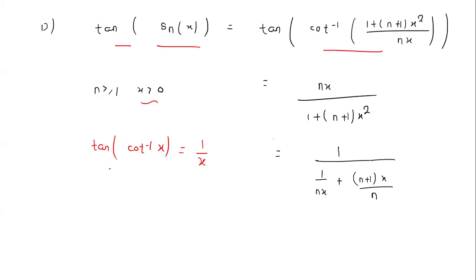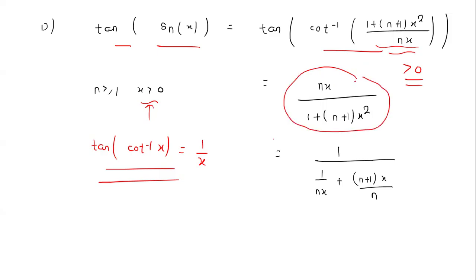So we have this property. So now we have here x greater than 0, and this inside argument is also greater than 0. So we can directly apply this property, and we can write tan of cot inverse of this thing as 1 by x. So in this case, it will become this thing, which is nx divided by 1 plus n plus 1 times x square.